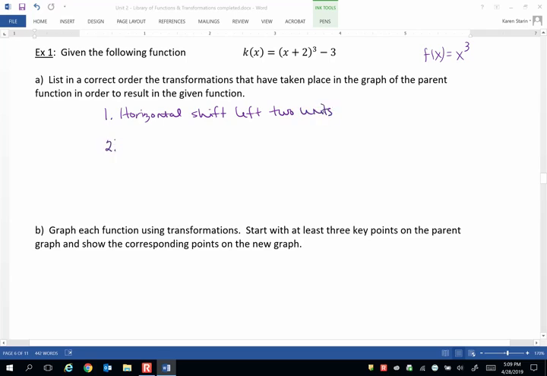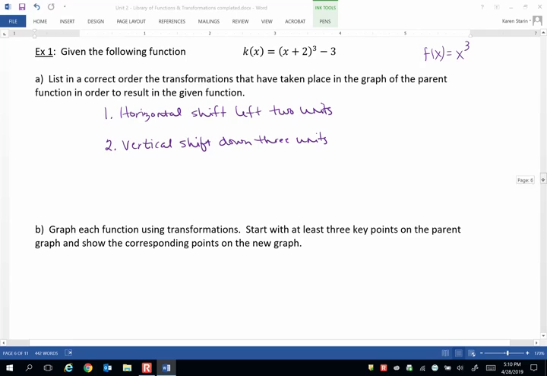And then we have another transformation, and that's a vertical shift down 3 units. And that's all we have.